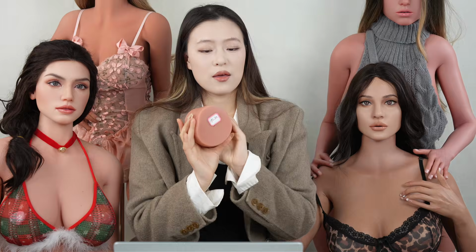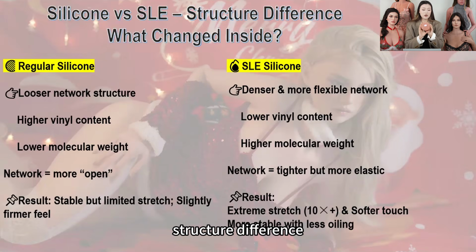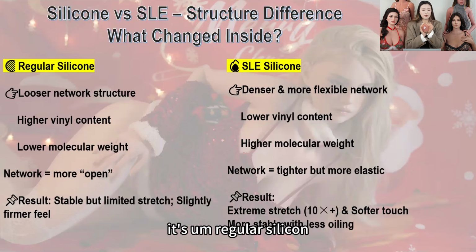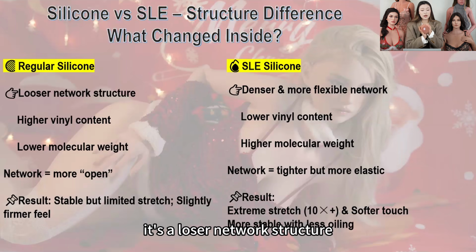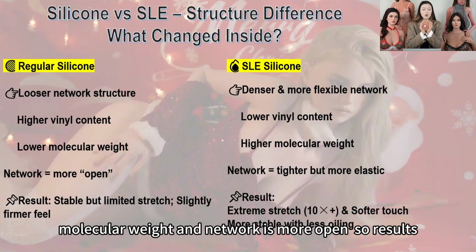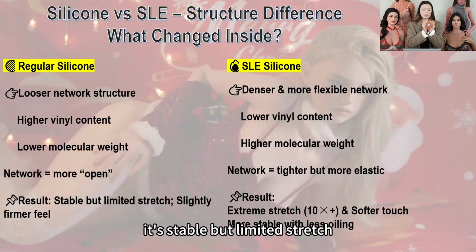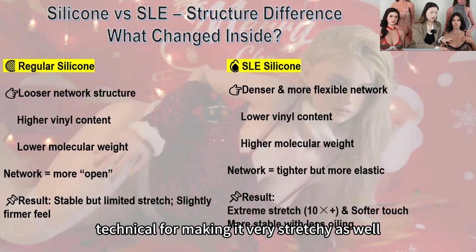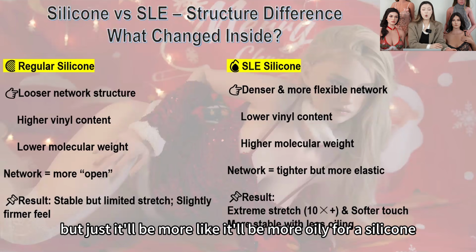So let's see the SLE material, the structure difference and what changed inside, why it's SLE. Regular silicone has a looser network structure, high vinyl content, and lower molecular weight, and the network is more open. So the result is stable but limited stretch. But right now they have very good technology for making it very stretchy as well, but it'll be more oily for silicone.